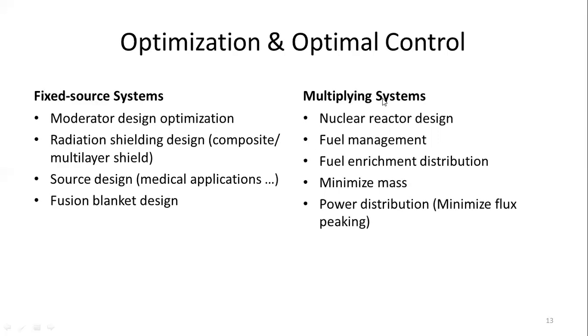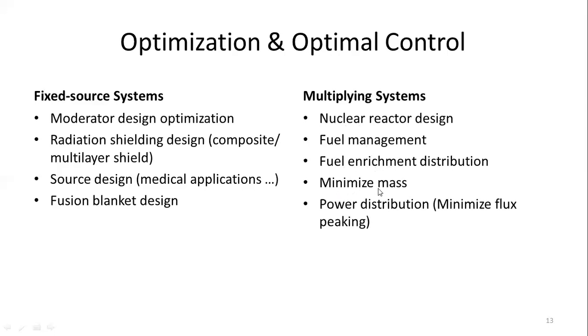Now, in the present day nuclear reactors, which are multiplying systems, or in experiments which have uranium, plutonium, or fissile material, so these are all called multiplying systems. Here, there's a lot of application in nuclear reactor design, in fuel management, in the way that you could distribute fuel, variable enrichment fuel.